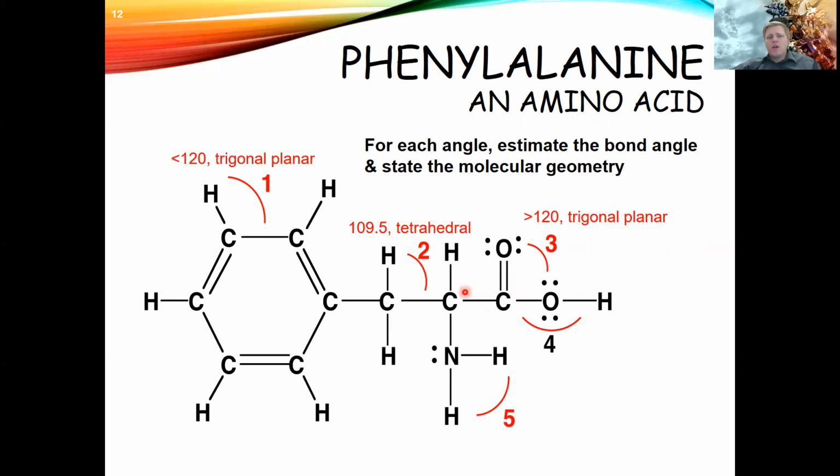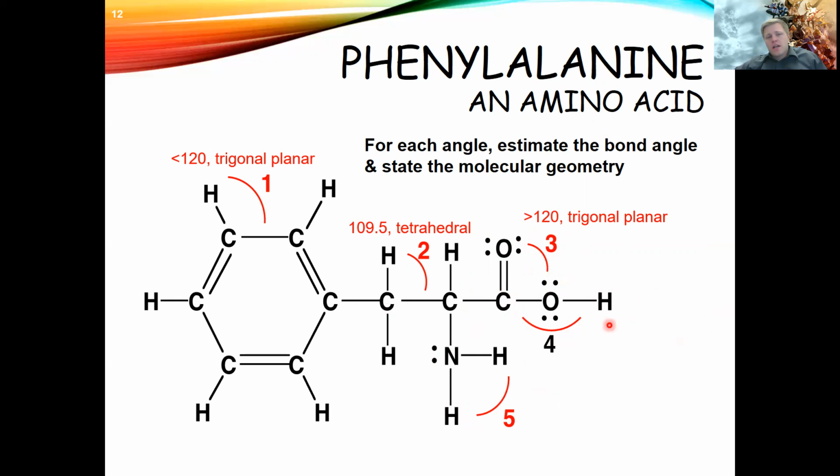For number 3, we could actually draw the correct bond angles here, but oftentimes we won't, so that we can keep this portion of the molecule off of this portion of the molecule, and so we just have space to write everything, right? Because these are all really branching out in 3 dimensions, and we have to draw it in only 2 dimensions. And so there's some practical considerations there.